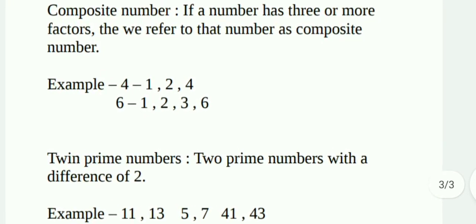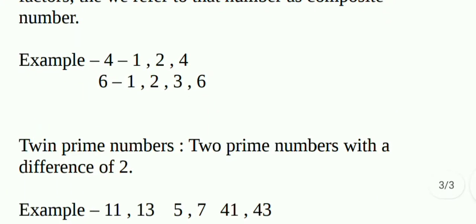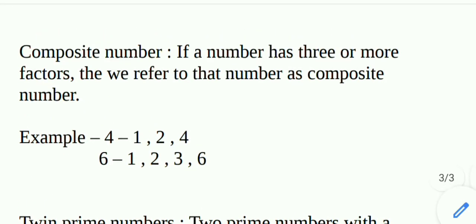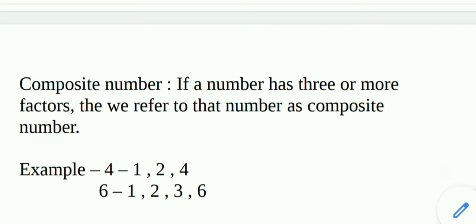Now what is a composite number? If a number has 3 or more factors, then we refer to that number as a composite number. For example, the factors of 4 are 1, 2 and 4.